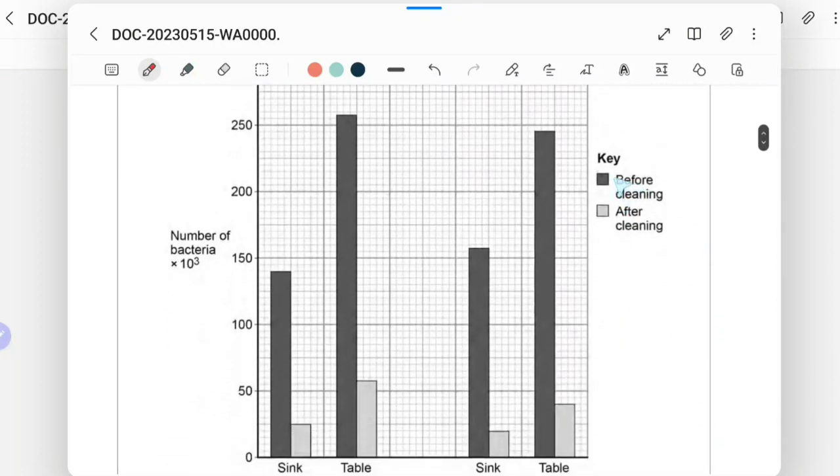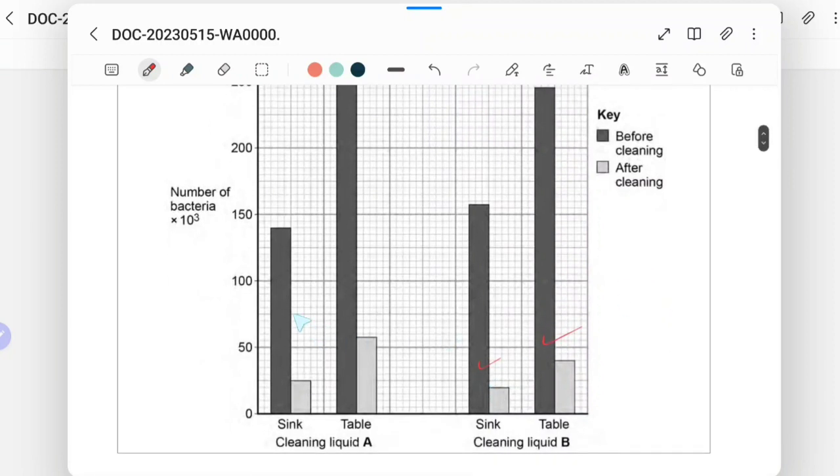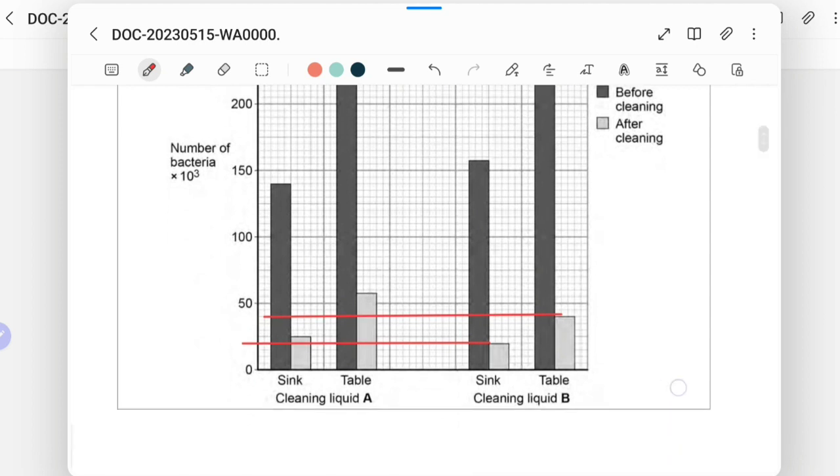Before the cleaning, both on sink and on table for liquid A. Before the cleaning, both on sink and on table for liquid B. Then after the cleaning for A and B. So we want to see the effect by looking at which one is more reduced after the cleaning. With what I just did now, you should know which one is more effective. If you compare the after.